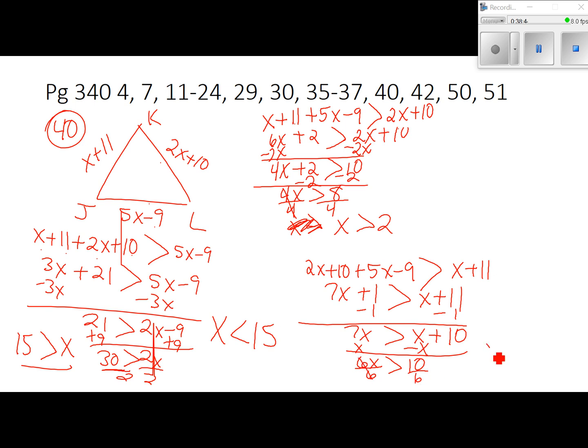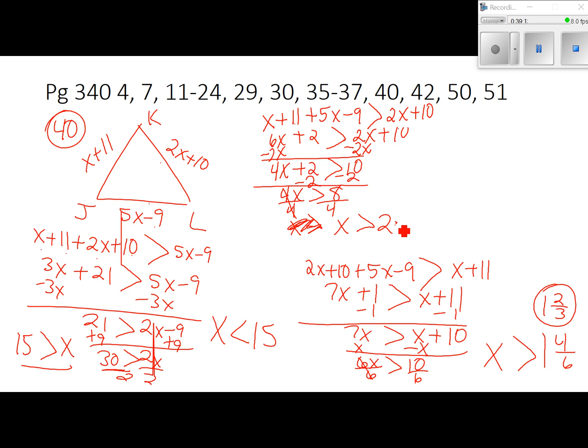6 isn't going to go into 10 evenly. So it's going to end up being x is greater than, 6 will go into 10 one time, so 1 whole with 4 left over. So 1 4/6, the same thing as 1 2/3 if we reduce it. Well, we're saying x has to be greater than that.